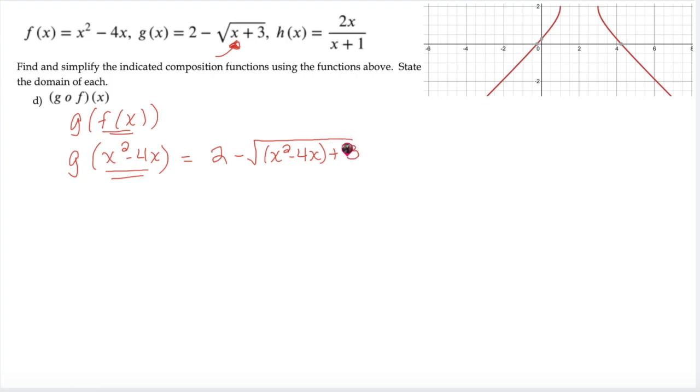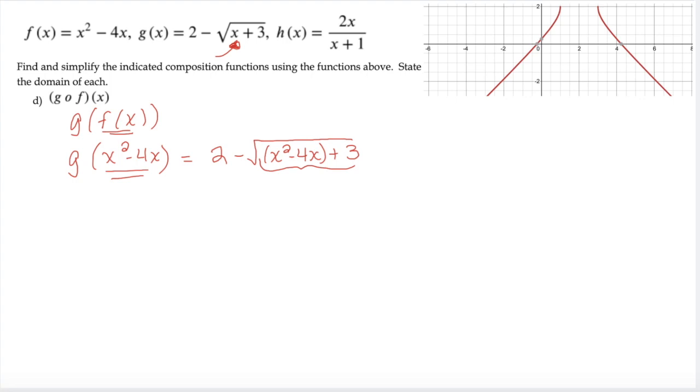Before we do any simplifying at this point, we want to take a look at our domain before we simplify. We have an issue underneath our radical because we know radicals have to be greater than or equal to 0 underneath the radical.